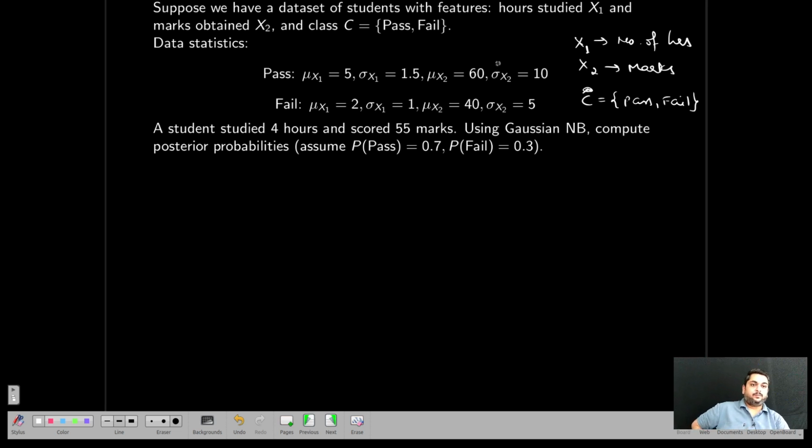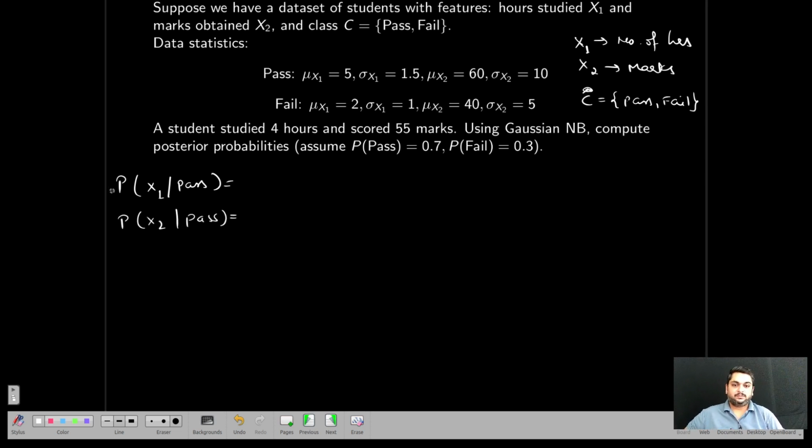Observe here, attendance and marks follow the normal distribution. So I can calculate the probability of x1, the number of hours, given he has passed. Similarly, you find the probability of x2 given he has passed.